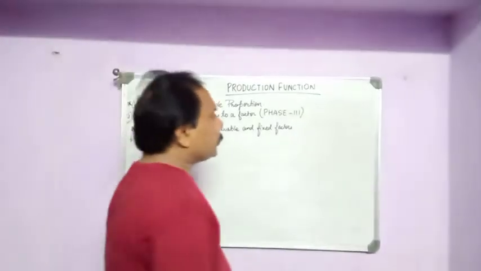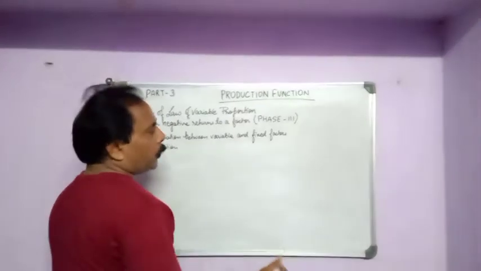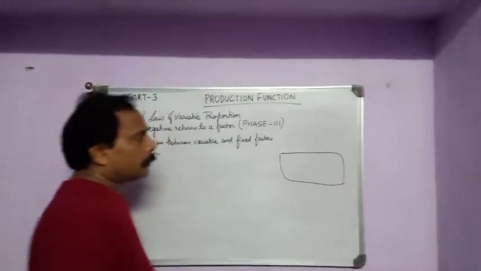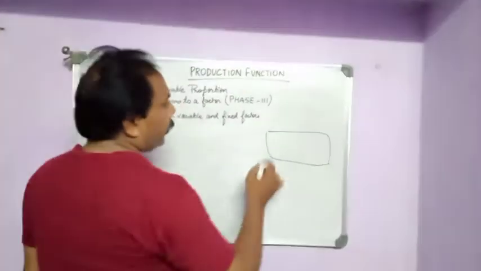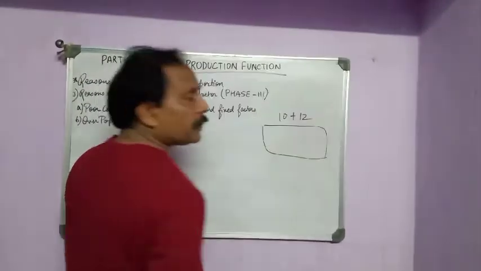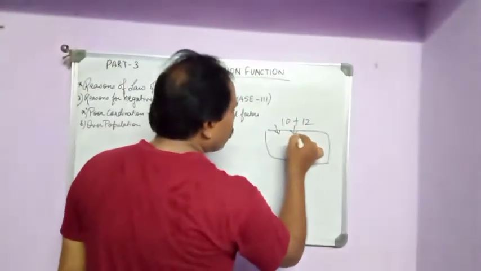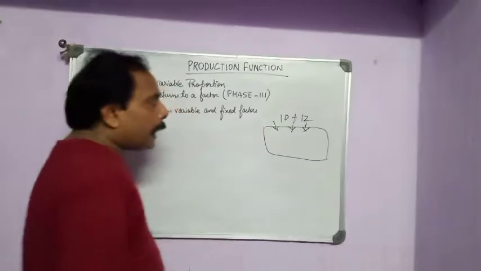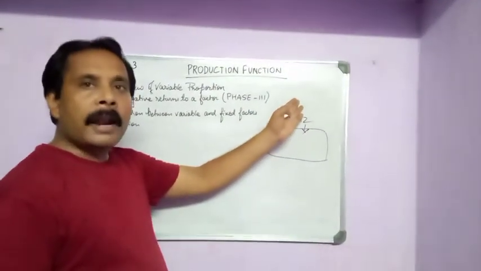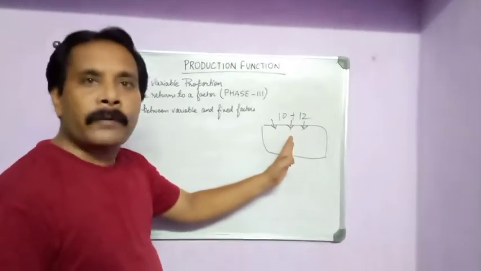In the first phase, I told you that the size of the pond is limited, and if suppose here 10 to 12 fishermen are applied to catch the fish, what will happen? Here we find that more fishermen are applied in comparison to the size of the fixed factors.